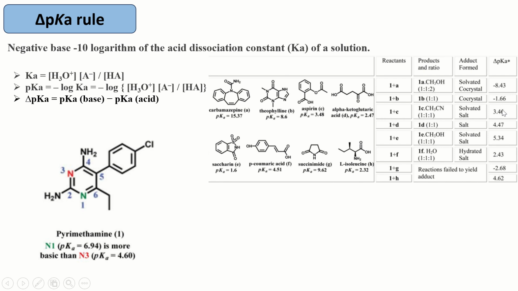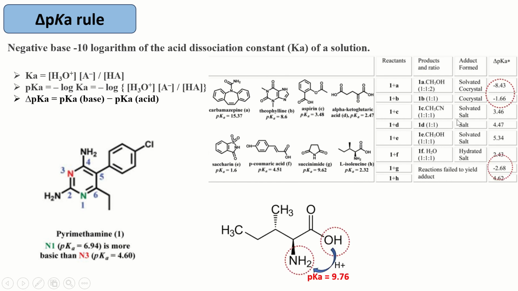Here are their pK values according to this formula. You see the dotted circle of 1A, pyrimethamine and carbamazepine, and 1B, pyrimethamine and theophylline.